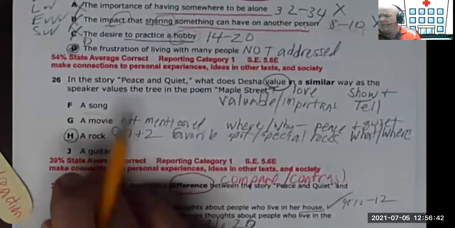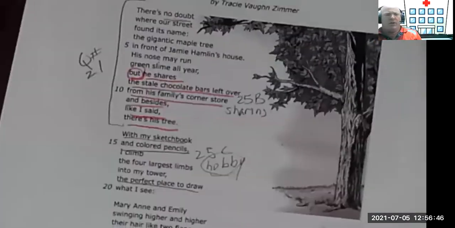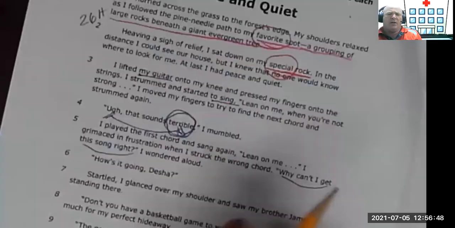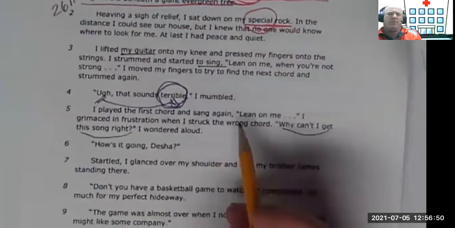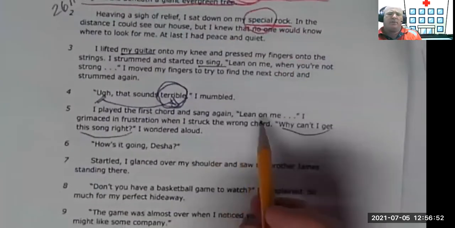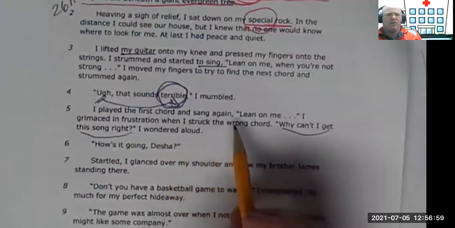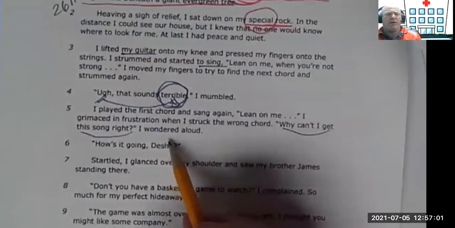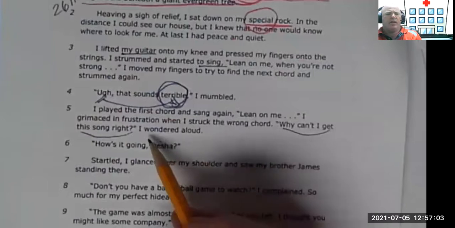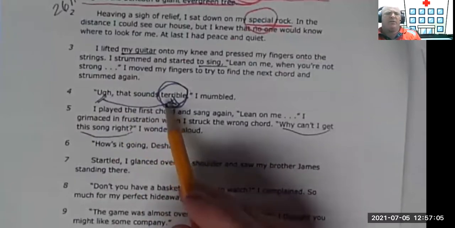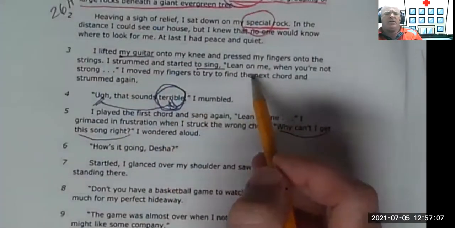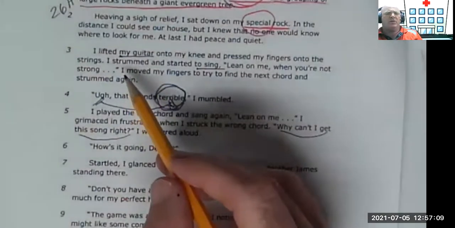values a song. Just because someone is singing a song, and she's singing a song here, Lean on Me, because of the words: I grimaced in frustration, I struck the wrong chord. Why can't I get this song right? I wondered aloud. That sounds terrible. Lean on me when you're not strong.